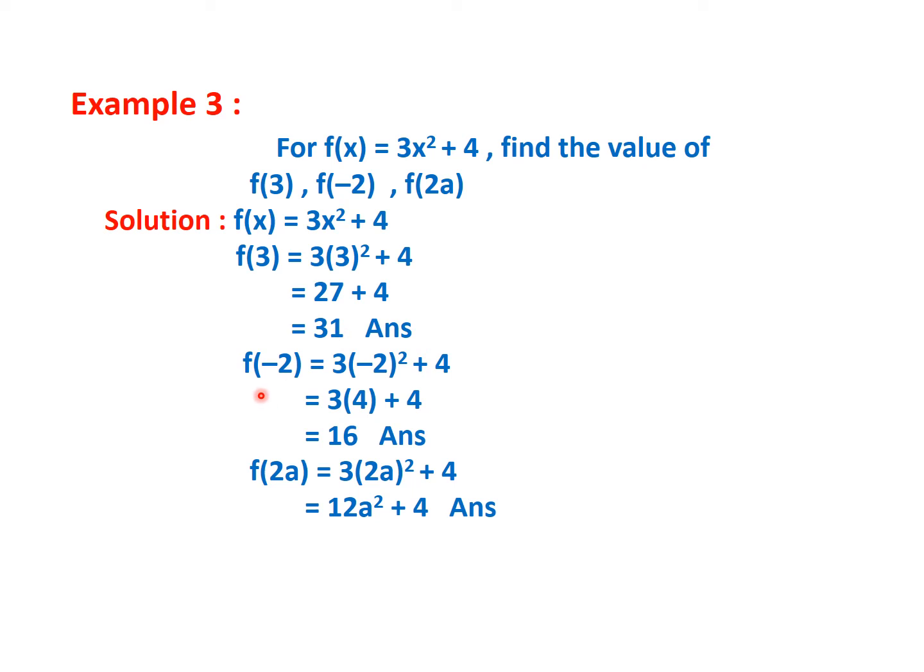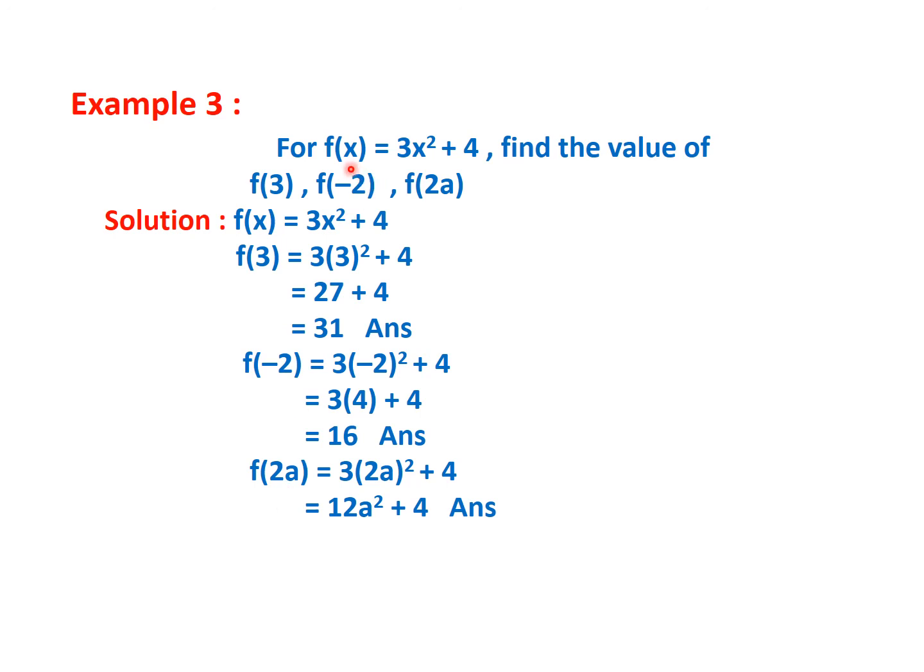Similarly, f(-2): again use the value -2 for x here and here. We simplify this bracket and the simplified answer is 16. Similarly, f(2a): keep in mind 2a is nothing, just like simple numbers 1, 2, 3, 4, 5, we can replace x by anything.